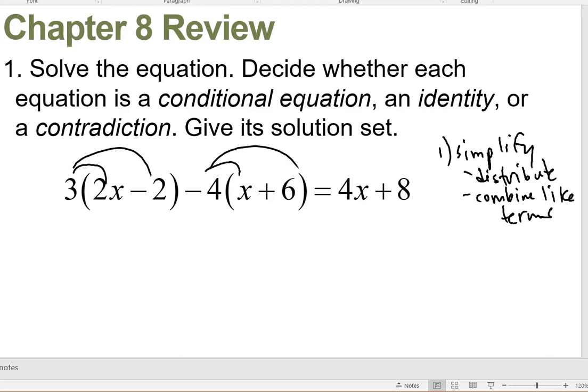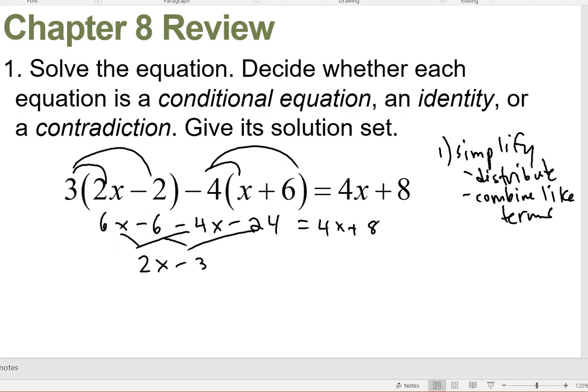So we're looking at 6x minus 6 minus 4x minus 24 equals 4x plus 8. Now we're combining like terms. 6 and 4 make 2x minus 30 equals 4x plus 8.